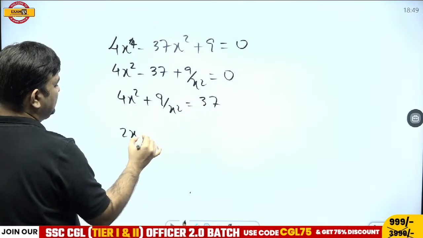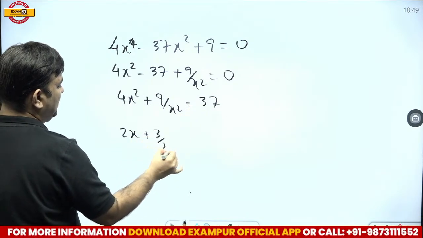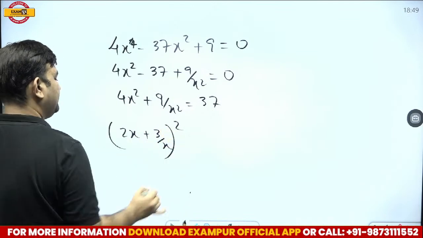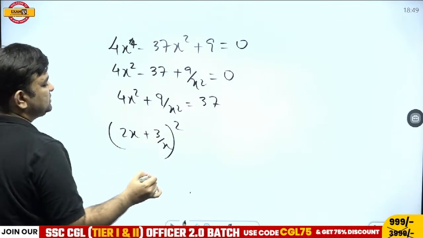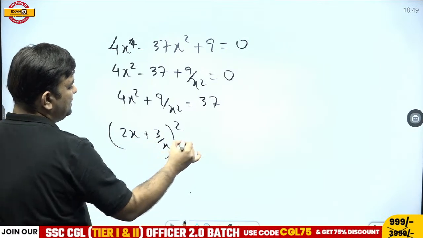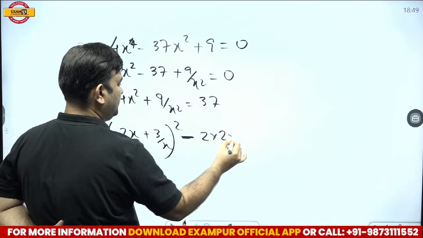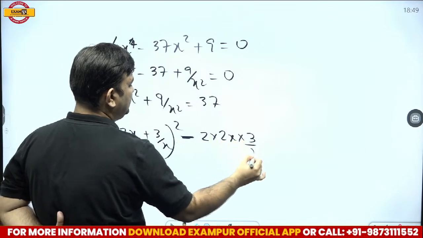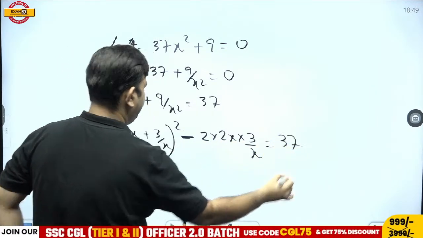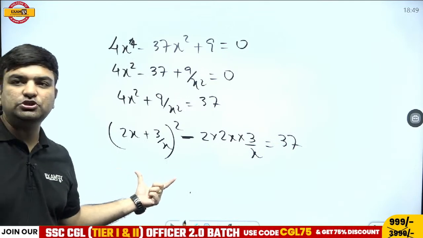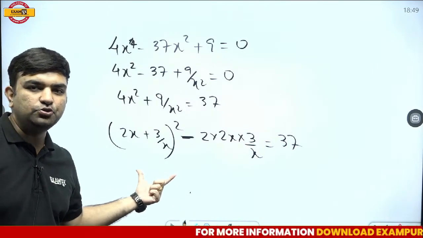This is (2x plus 3 by x) whole square. A square plus b square plus 2ab. So I need to subtract minus 2ab. Here plus 2ab is there.